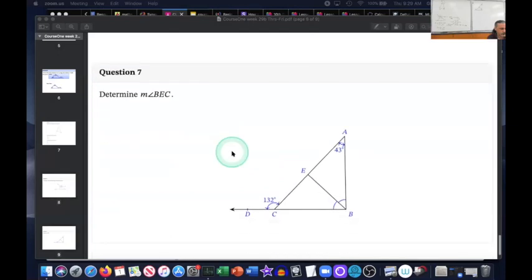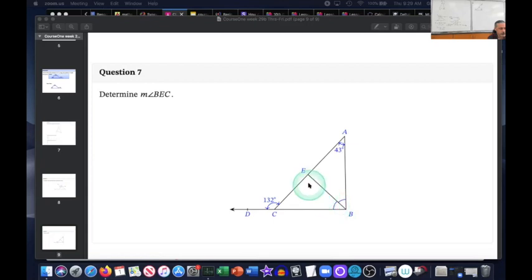Okay, in this next problem, now notice that the 132 is an exterior angle. We have these geometric markings implying that BE is a bisector of an angle, so those two are congruent.